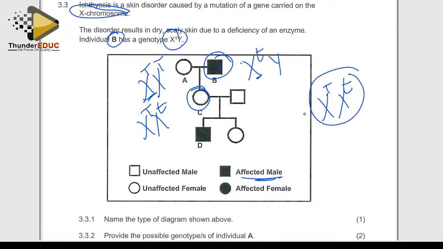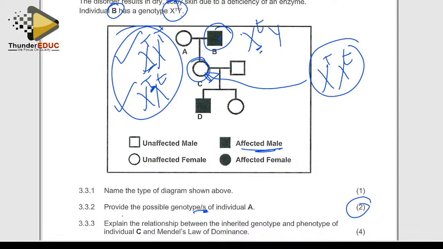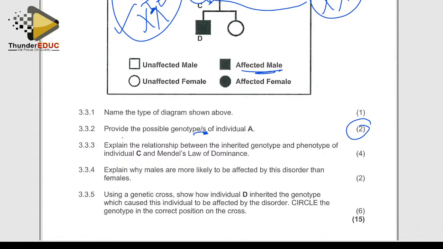So this individual is still female, but normal. There is a chance that this combines with this to form this again. How many marks are we given? 2 marks. That's why they say genotype or genotypes, so that you write these two together.